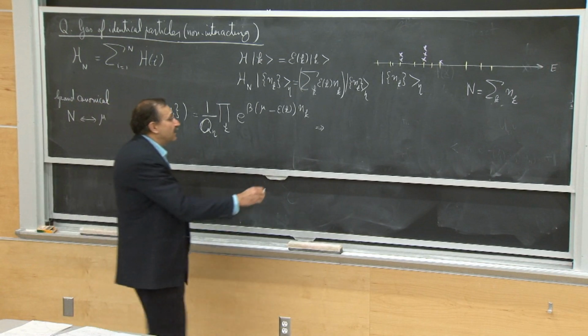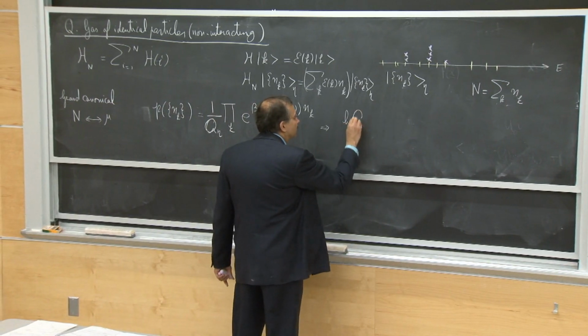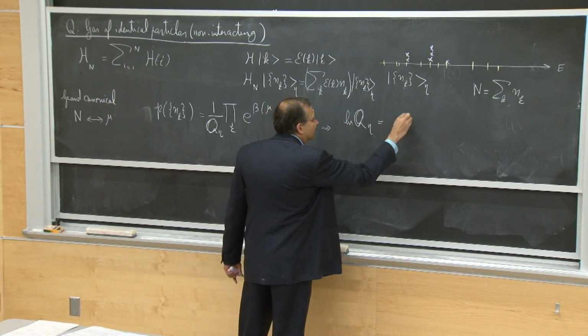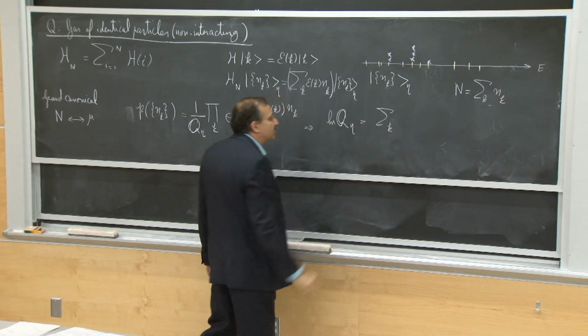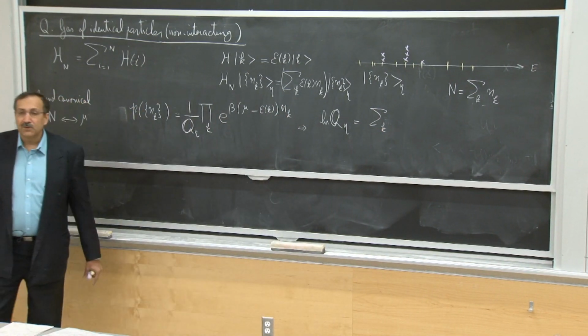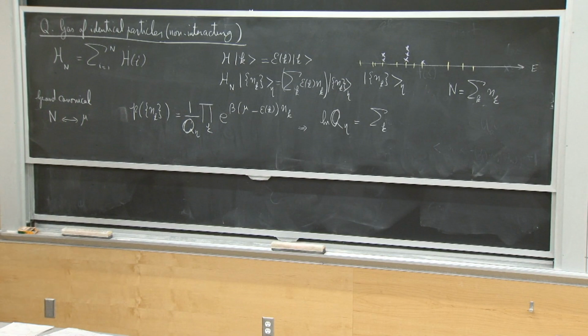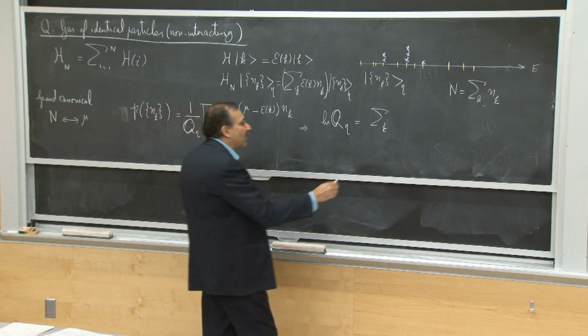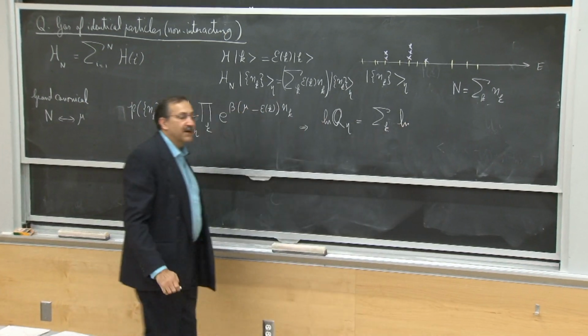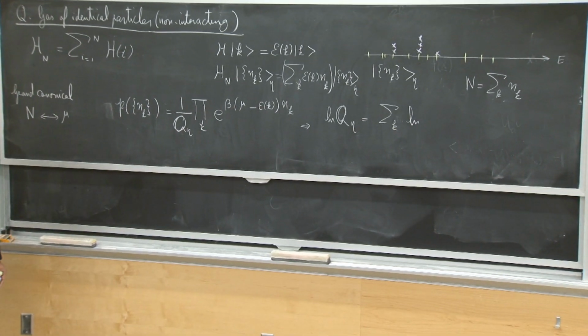And therefore, log of Q is going to be a sum of the contributions that I would get for the normalization of each individual one, and of course, the log of whatever normalization I have for the individual one.